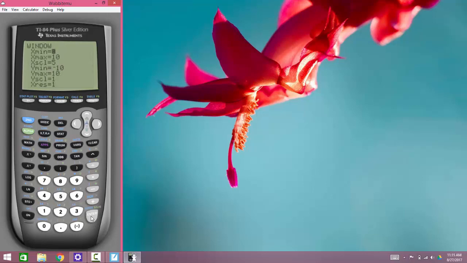X minimum should be 0 because we started at 0. We have gone up to 10, so we could go past that to like 12. And then a good number to count by would be 1s. That would give us about 12 counters. In the Y, let's start at 0.